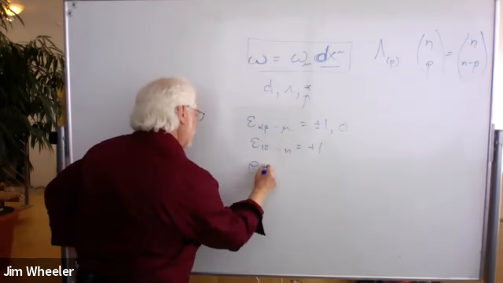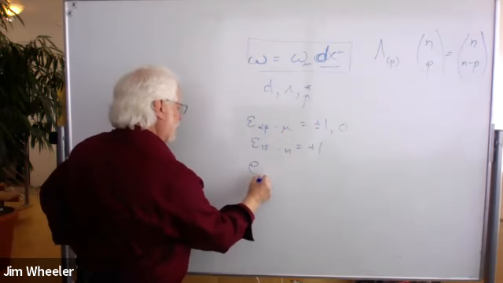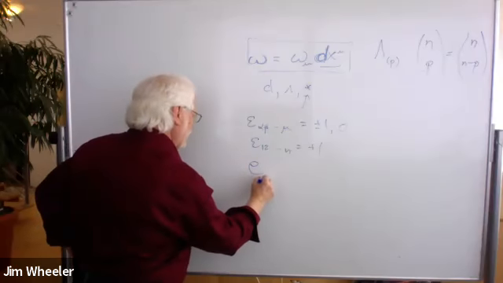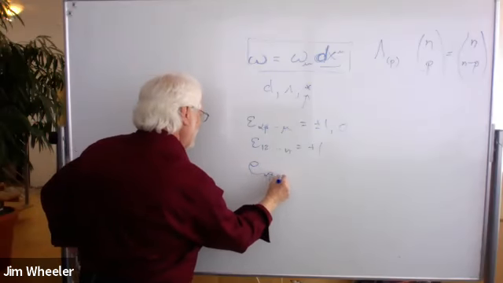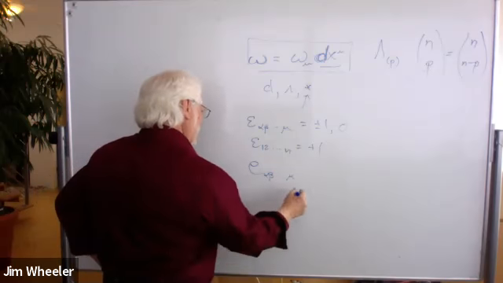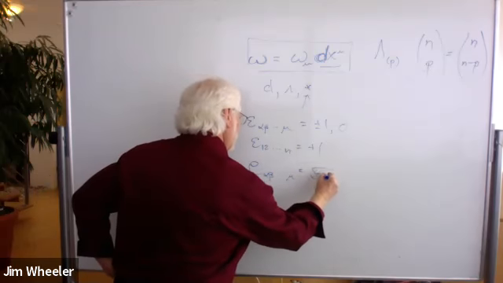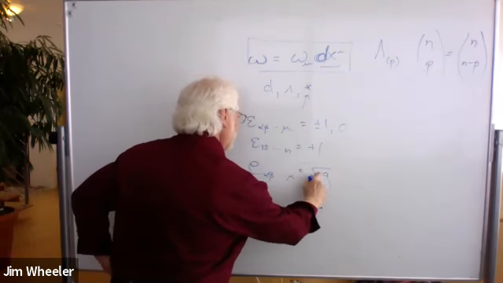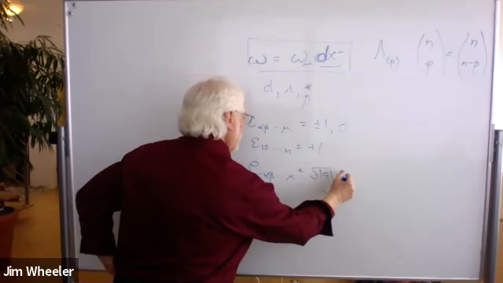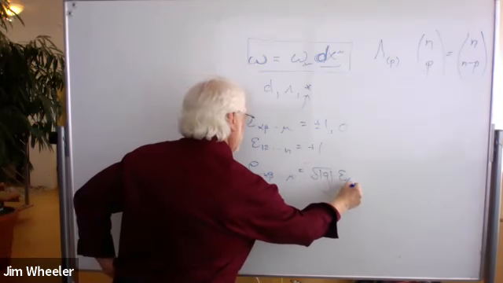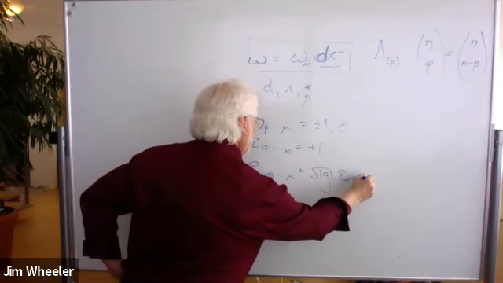I write the Levi-Civita tensor as the square root of the determinant of the absolute value of the metric times epsilon alpha beta mu, the anti-symmetric symbol.